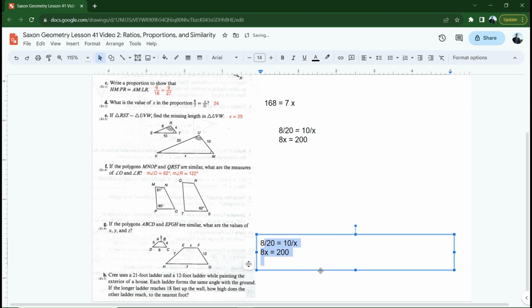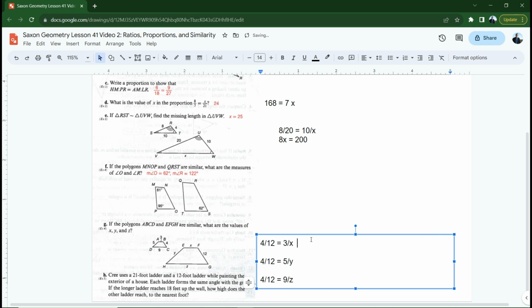BC is 4, so it's going to be 4 compares to 12 as, and let's see, one of my unknown sides is x, 3 compares to x. I'm also going to use that same constant for how 5 compares to y, and that same constant for how 9 compares to z. All right, and then I just cross multiply and divide on all these.